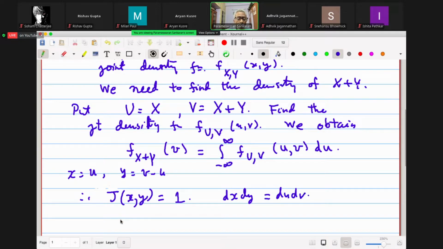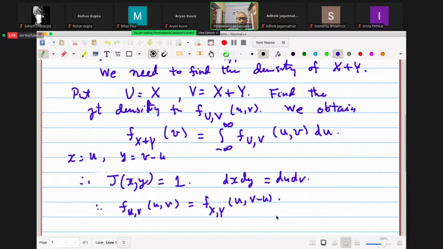And now all that remains is to compute f_{UV}(u, v), which you get by substituting in f_{XY}, with x equal to u and y equal to v minus u. That's it. Okay.